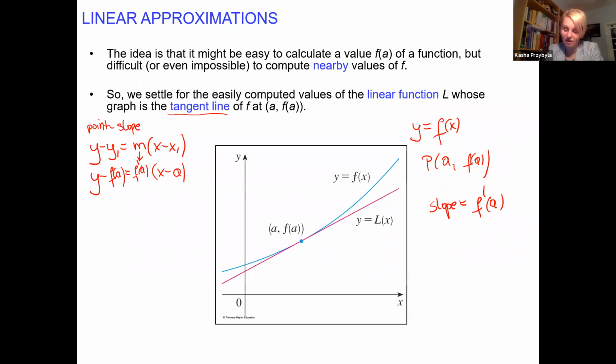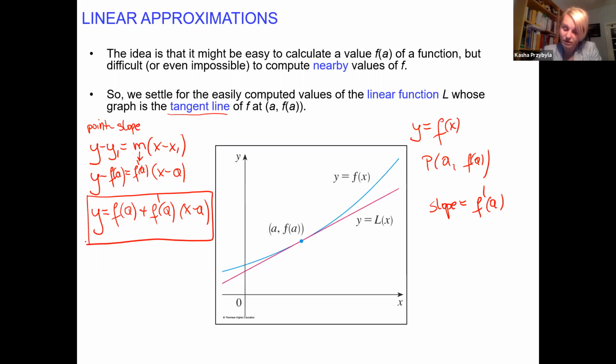The only thing I will do is add f of a to both sides, since it's subtraction, to isolate y. That means this will be f of a plus f prime at a, x minus a. Now we have a nice form of the linear function, but it is nothing different. This is just the tangent line.